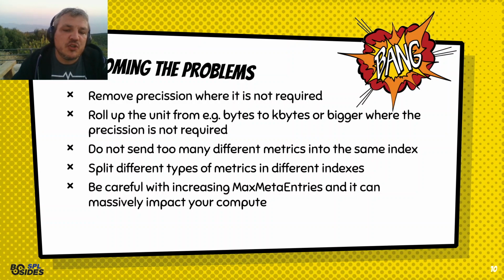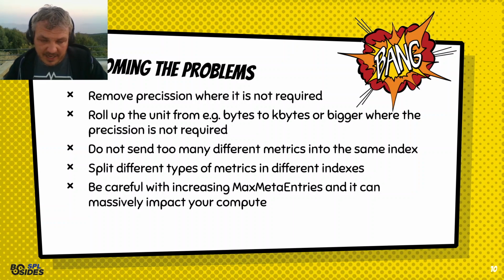Do not send too many different metrics into the same index. I know different environments, different customers have different requirements. I understand all that. Segregation of data is a huge topic for all of you, but for my findings, it makes sense to have, for example, a metric index for CPU metrics, one for memory metrics, one for network metrics, and one for whatever other metrics, right?